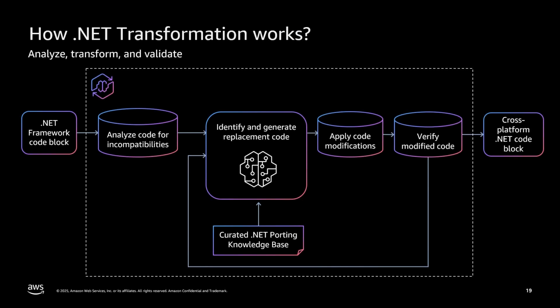And internally, think of it like a dependency graph that will be created, where it will start from the leaf nodes and start working upwards, and try to port or transform those projects first, and then those solutions, and then if there is a cross repository dependency, then go across those repositories.